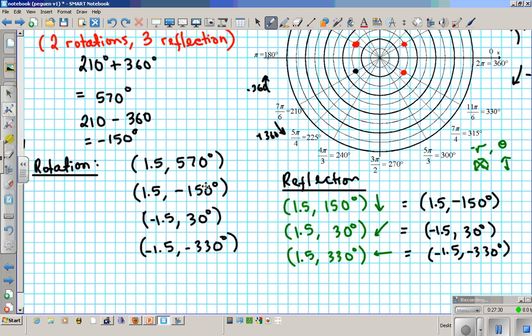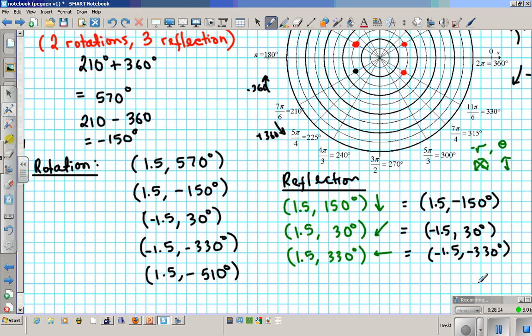So this one I can just subtract another 360, that'll take me right back to the point. So it's going to be 1.5, and if I subtract 360 from this, it's going to be negative 510, I believe. The reason I did this is because we have the same answer twice. So anytime you have an overlap, just rotate again. I can either add 360 or subtract 360 from any of these two to get my answer. So here go all your 5 answers.